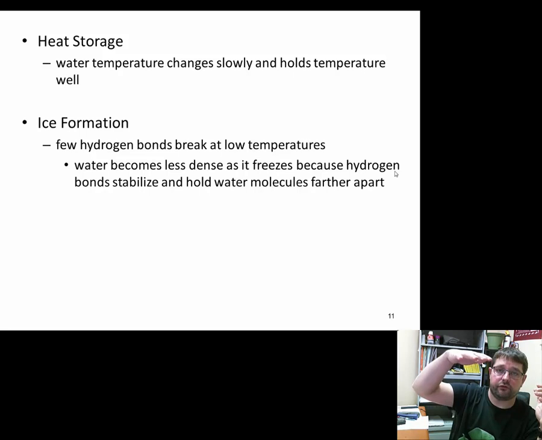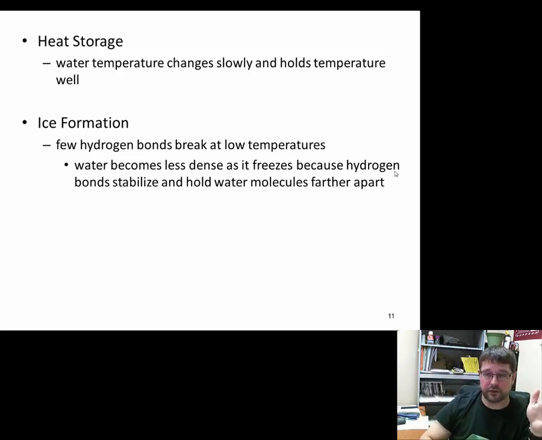When it hits 4 degrees Celsius, it becomes more dense than the water below it that might be even colder, 3 or 2 degrees Celsius, or a little bit warmer at 5 or 6 degrees. It really doesn't matter, because once the water hits 4 degrees Celsius, that water goes to the bottom of the lake.